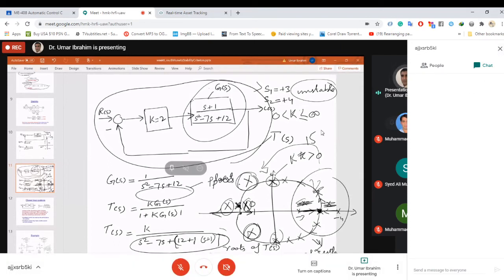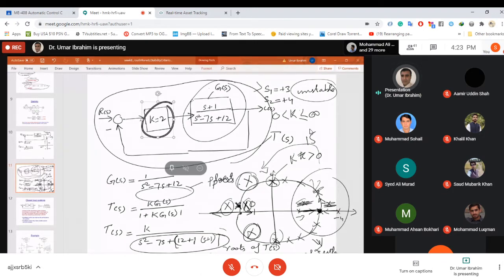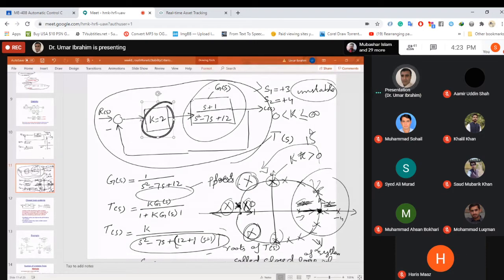You may have to perform these calculations 10,000 times, a million times, a billion times, whatever is your requirement. Yes, you can also select any root and then find the K for it, but you do not know the root locus path. That's the problem.